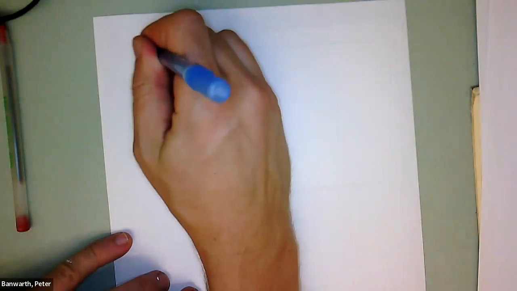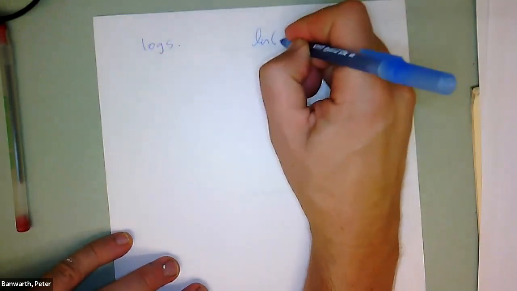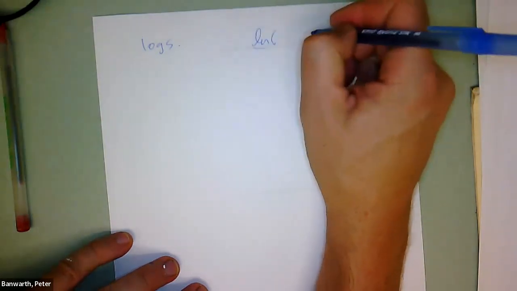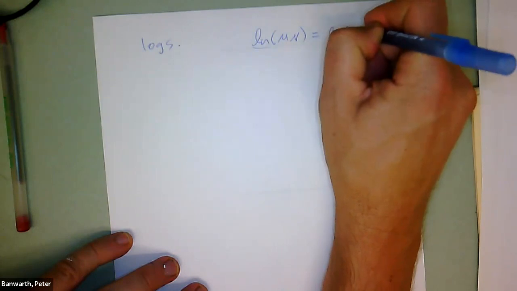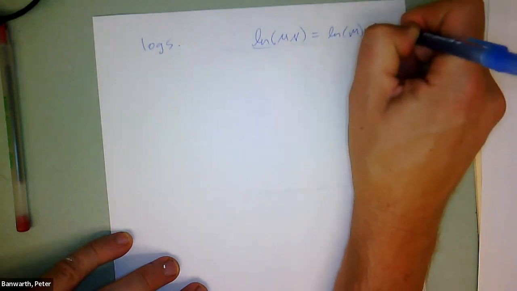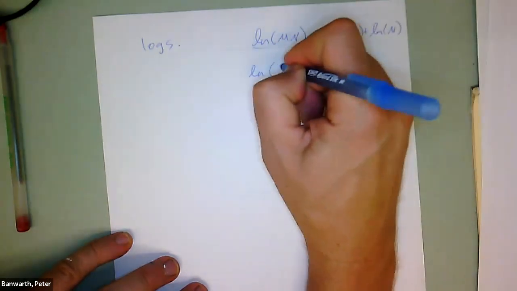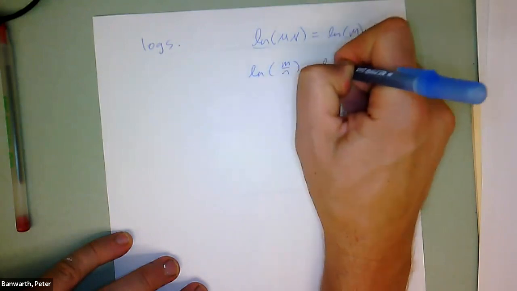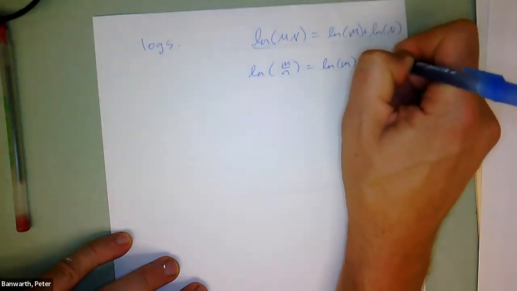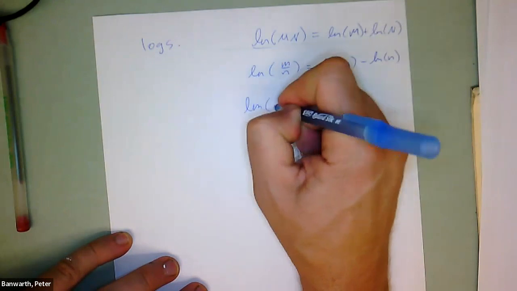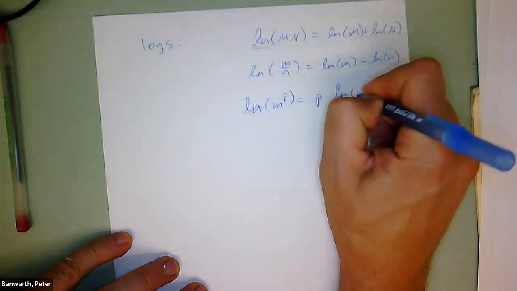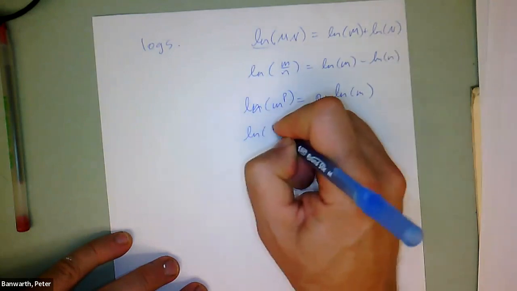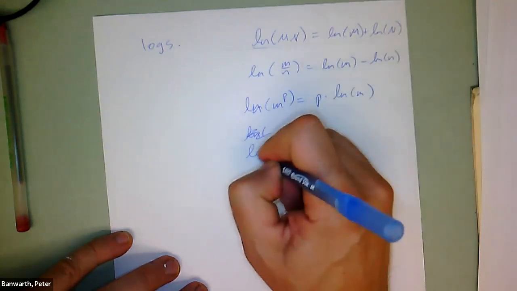Move into logs. You will get the full set of, I'm going to use natural log because it's faster to write than anything else. You will be given this information. Now I better use a different one.